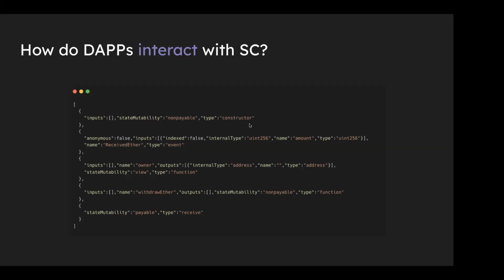We have a constructor which is non-payable, meaning that you cannot deploy this smart contract and set the value to non-zero. The deployment will fail in that case. So this smart contract can't receive Ethereum upon creation. And the constructor has no arguments to operate with.